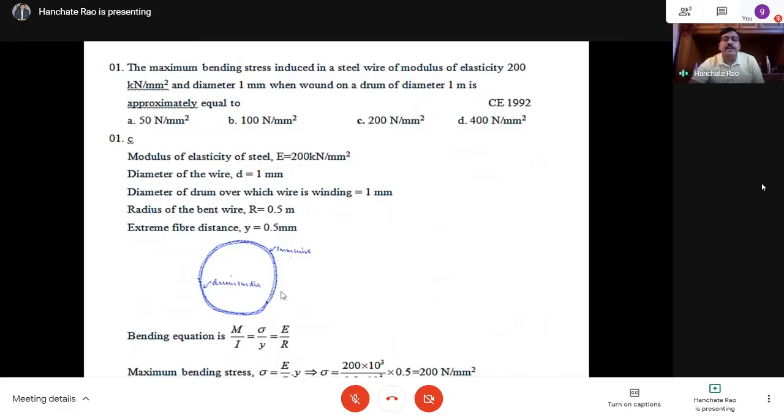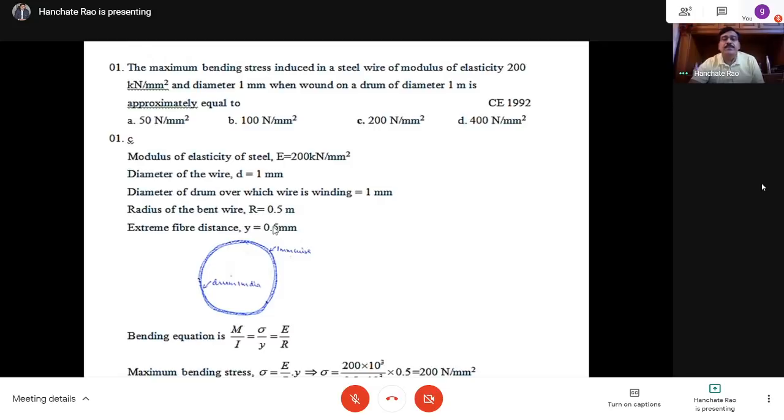So the diameter of the drum is 1 meter, or otherwise the radius of the bent wire R is equal to 0.5 meters. Because diameter is 1 meter, the radius is equal to 0.5 meters. The diameter of the wire is 1 mm. So extreme fiber distance is half of 1 mm.